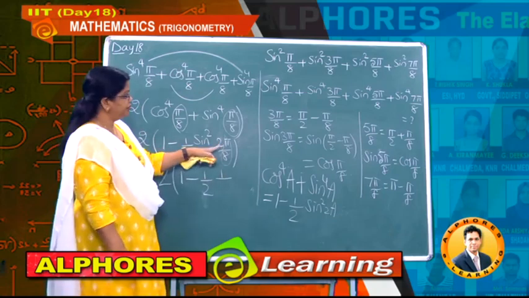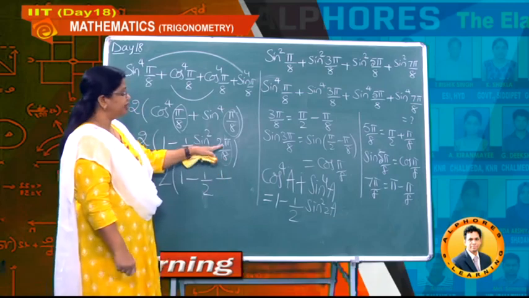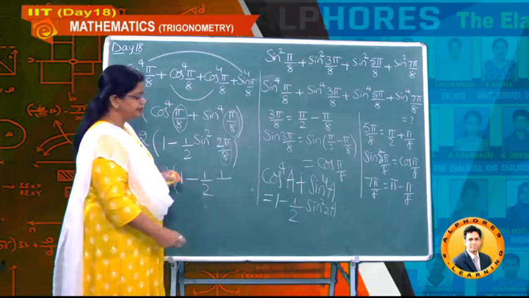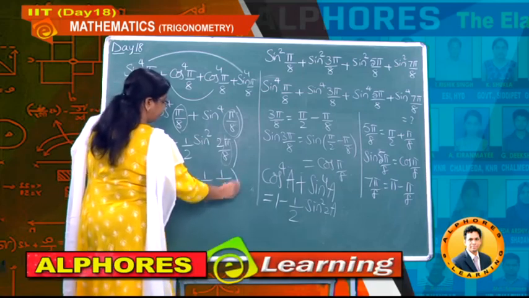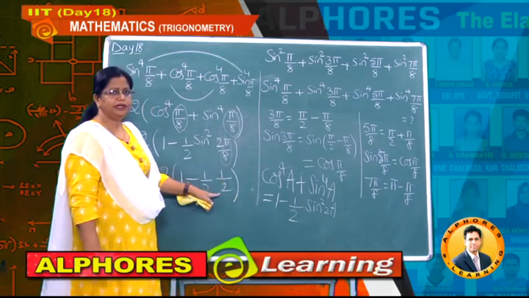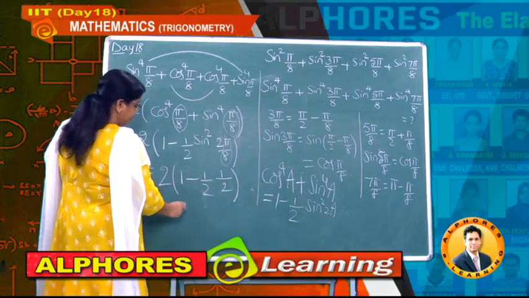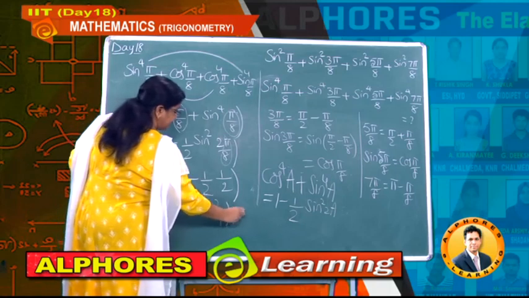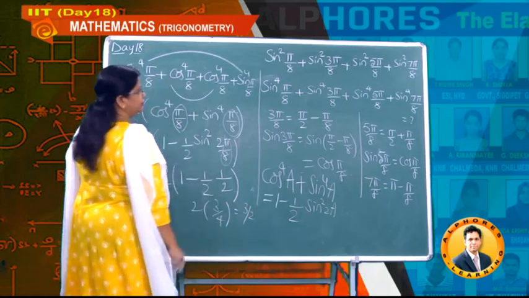Sine square pi by 4 is 1 by root 2 whole square. 1 by root 2 whole square means 1 by 2, okay. So now you got 1 minus 1 by 4. What is 1 minus 1 by 4? 3 by 4. Finally, what is the answer you got? 3 by 2. Okay, students.